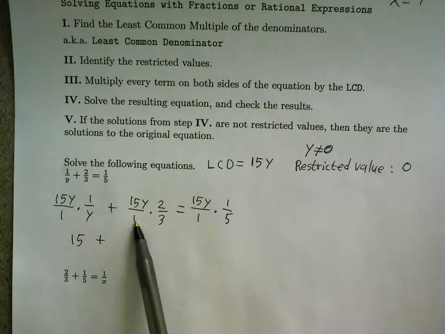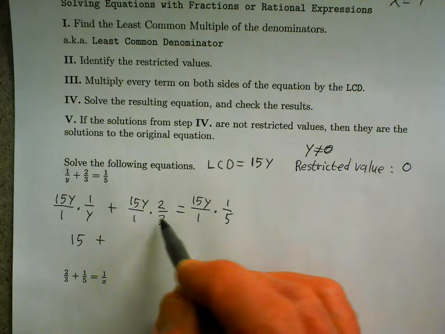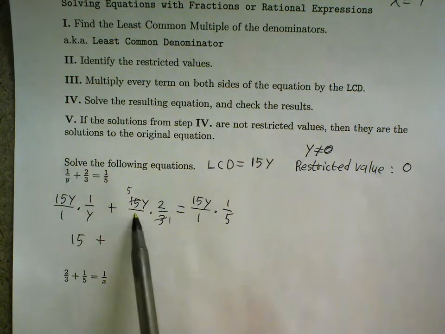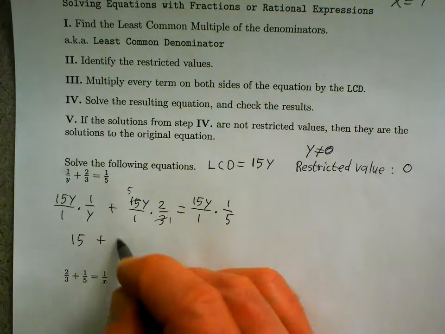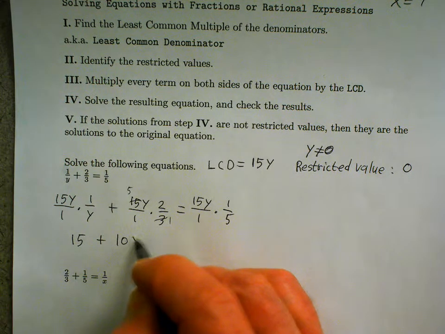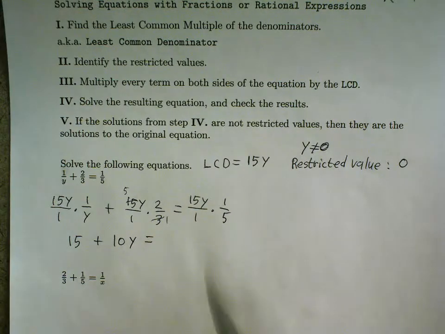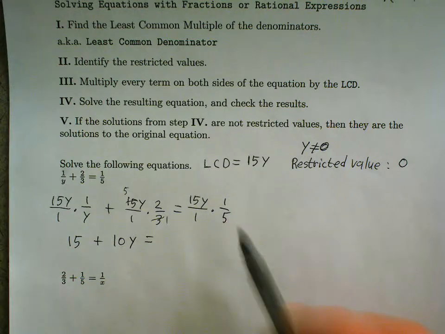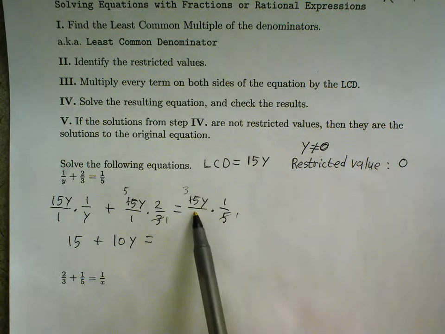In the denominator, we have 1 times 3. 3 goes into 3 once, and into 15 5 times. So this term is 5y times 2, or 10y. And on the right-hand side, 15y over 1 times 1 over 5. 5 goes into 5 once, and into 15 3 times. So this one becomes 3y over 1 times 1 over 1, or 3y.